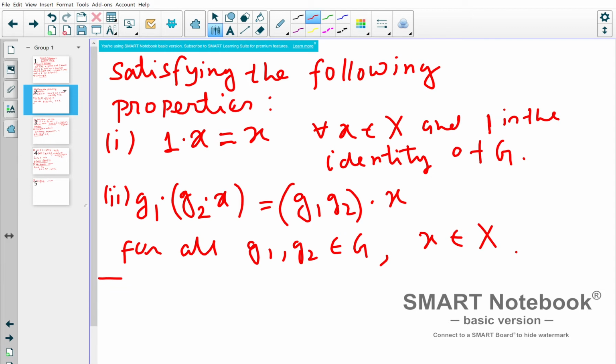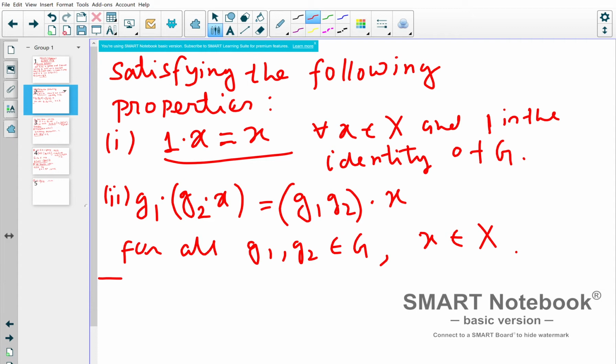What are the conditions? Condition number one: the identity acts on any element of X trivially. What does that mean? That means 1 dot x equals x for all x belonging to X, where 1 is the identity of G. And the second property is a very important property, kind of an associative property.